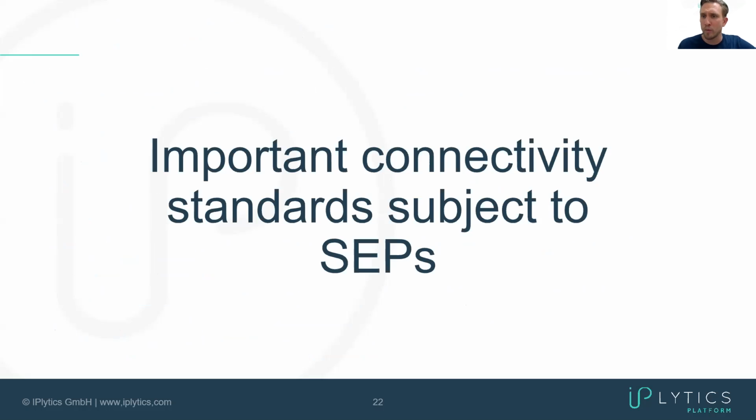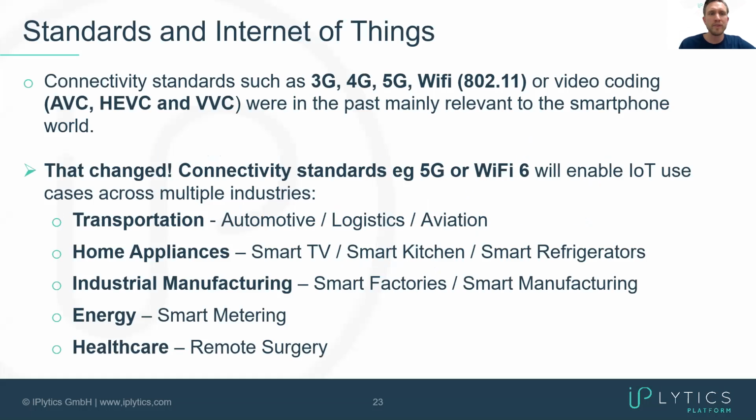Let's talk about a little bit more than just 5G. 5G is great, but let's think about where standards, especially for connectivity, matter, right? So connectivity standards, and typical ones are 3G, 4G, 5G, wireless technology, Wi-Fi, but also video technologies like AVC, HEVC, or VVC.